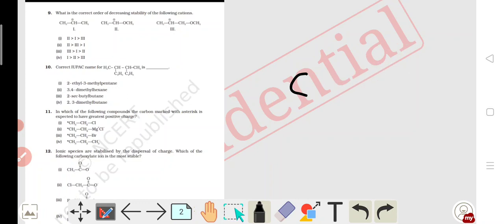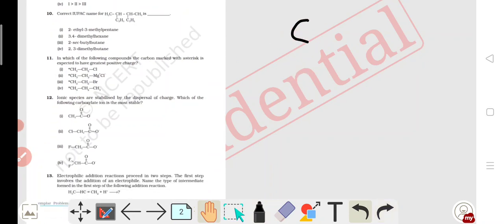Ionic species are stabilized by the dispersal of charge. Which of the following carboxylate ions is the most stable? As you know, the stability of a negative ion can be explained through the inductive effect. In the presence of a withdrawing group, the negative charge is minimized and becomes stable.